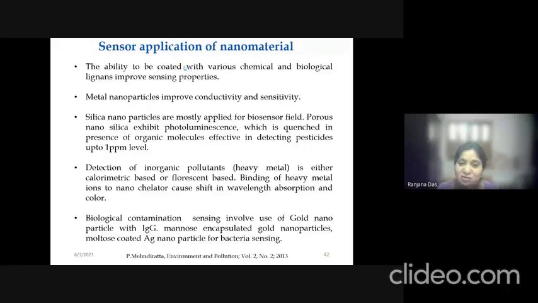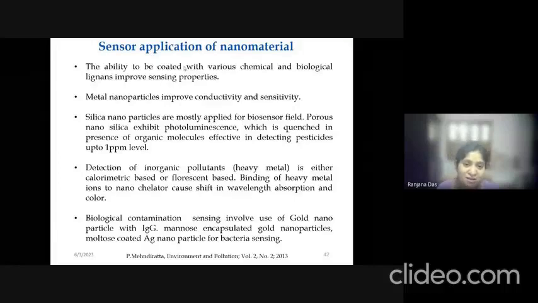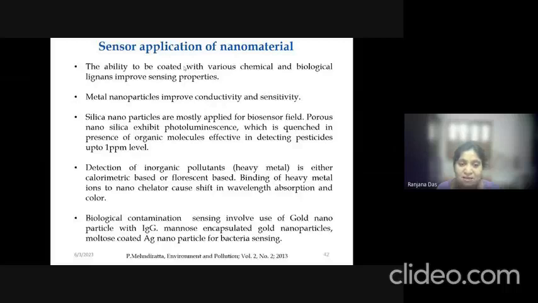Now, sensor application of the nanomaterial. Sensor means it's sensing. It's giving you the sense whether the pollutant is there or not. So, magnetic metal nanoparticles and sometimes silica nanoparticles act in a very good manner. Silica nanoparticles are mostly used in the biosensor field, and these porous nanosilica materials have photoluminescence.